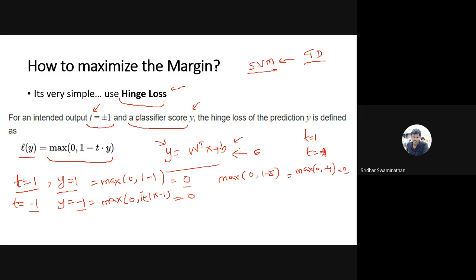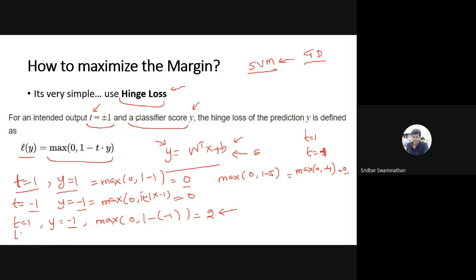Imagine that t is equal to 1, but what you predicted is -1. Then max of 0, 1 minus -1 will become 2. So now you are having a loss for giving a false prediction.